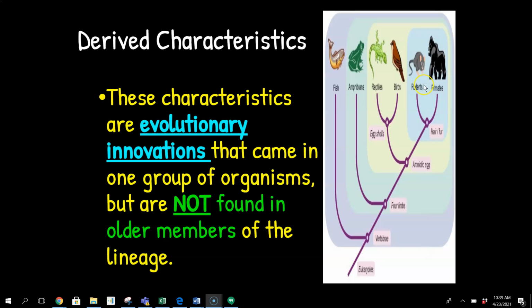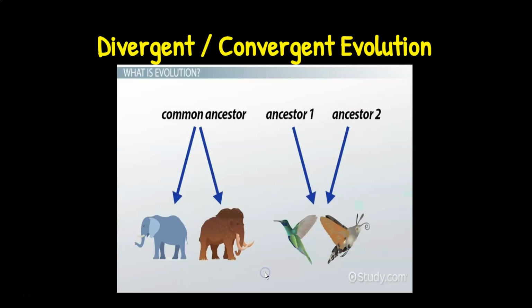So these guys have 4 limbs, these guys have 4 limbs, but the ones before it do not. Fish do not have 4 limbs. So, and we look up here, amniotic egg. So frogs don't have amniotic eggs, but everybody else forward does. So it kind of tells you what's happening.